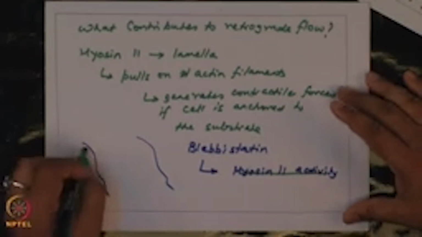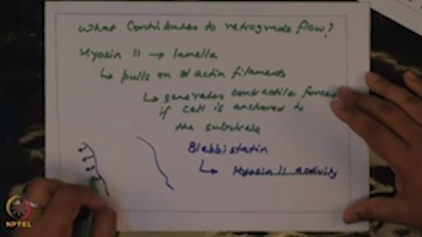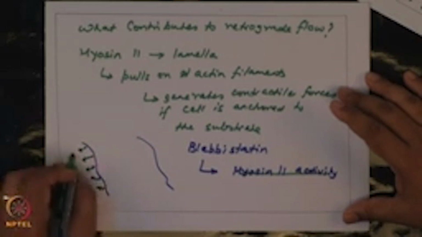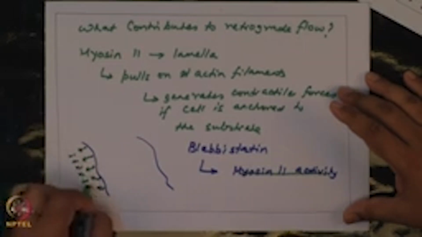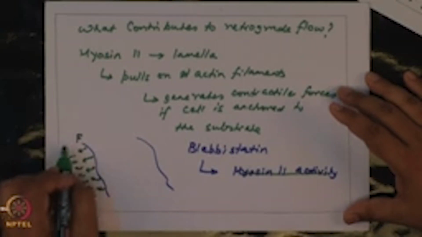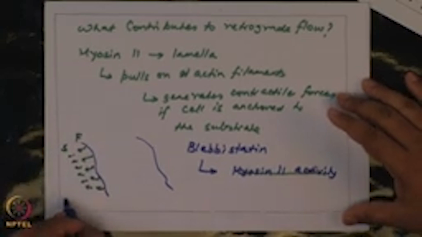You had fast retrograde flow here, followed by slow retrograde flow. So, this is without blebistatin.